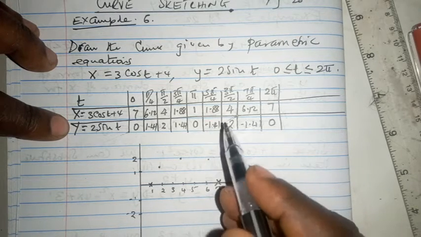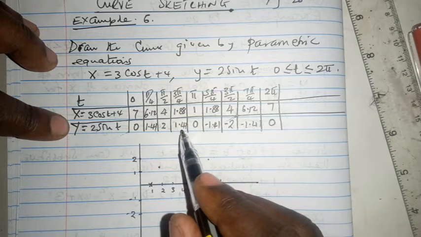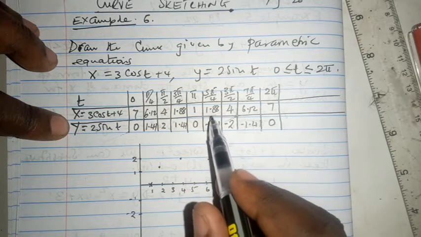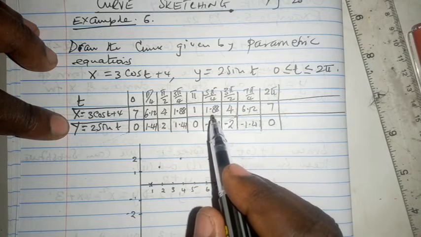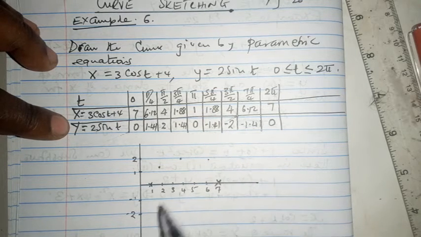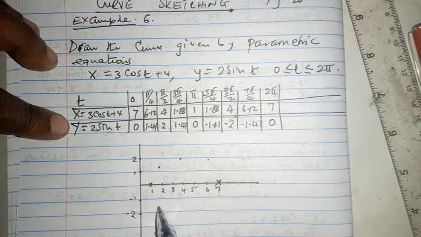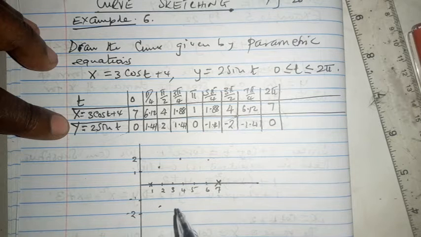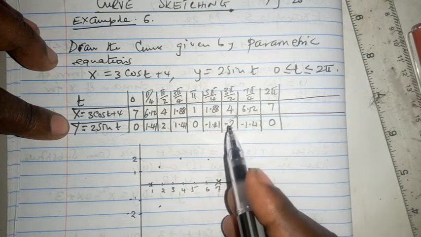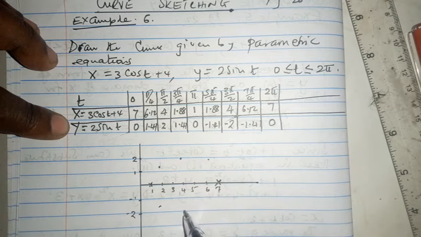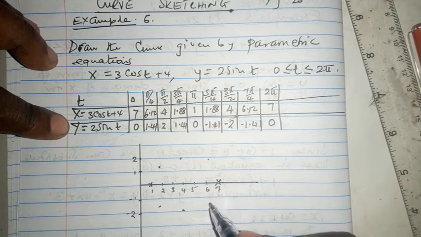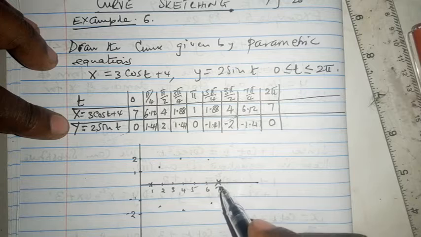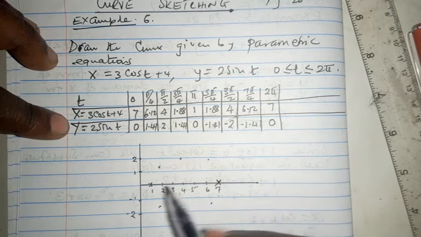And the same values are repeated, but now on the negative side of y. So 5 pi over 4, 1.88, negative 1.41, somewhere there. Then 4, minus 2, then 6.12, minus 1.4, and 7, 0, we go back there.